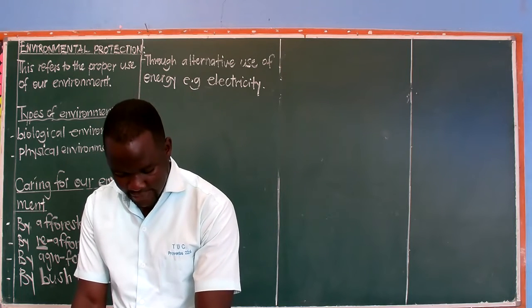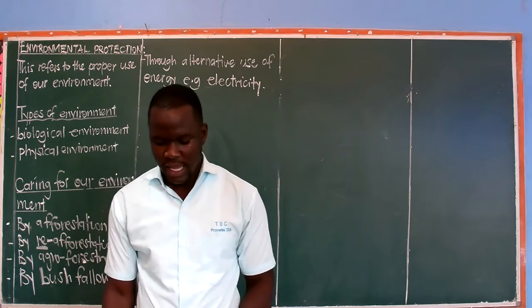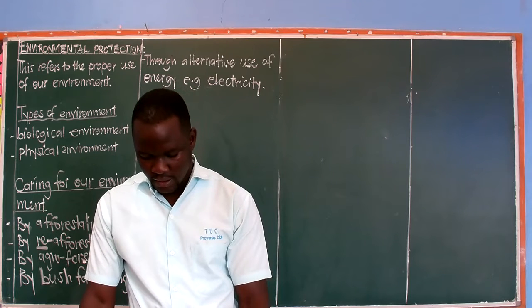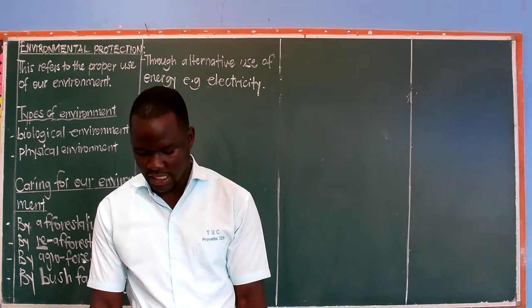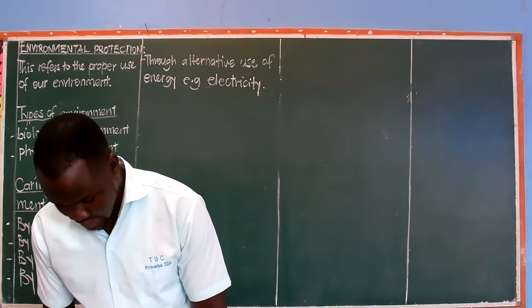On page 87, we are given wood fuel. We are saying wood fuel refers to the sources of energy we get from the trees. We have firewood, charcoal, and sawdust. Then we have the briquettes here.